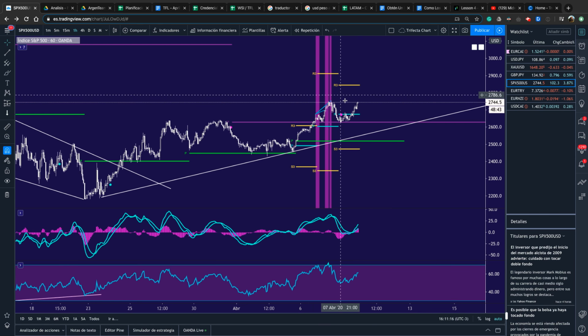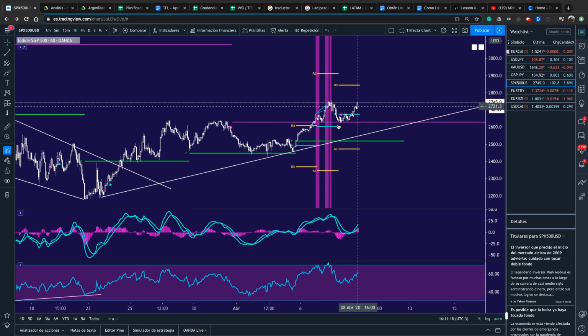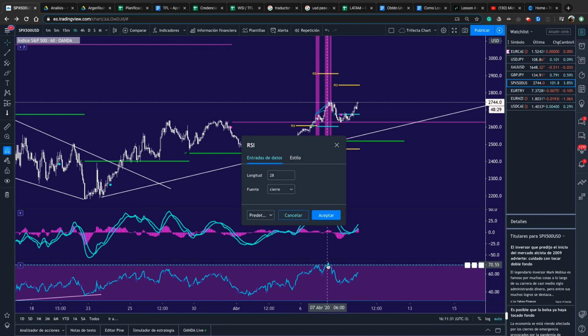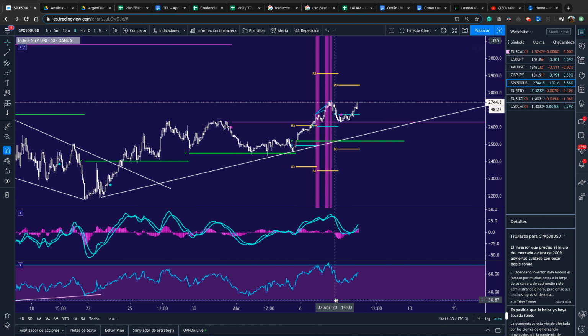In the 1 hour chart, we are watching this double top pattern, and we are seeing this MACD divergence and RSI divergence, and this is RSI set at 28. I like to put RSI at 28 because it's a higher level of overbought or oversold, and with this, it's harder for the price to get to these extreme levels.